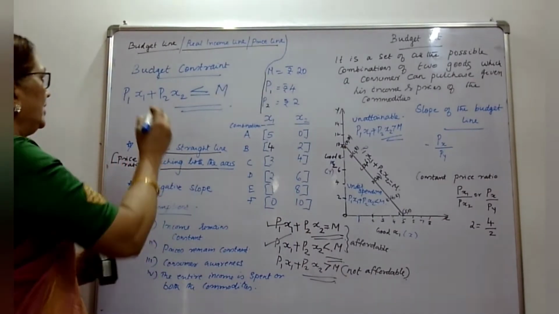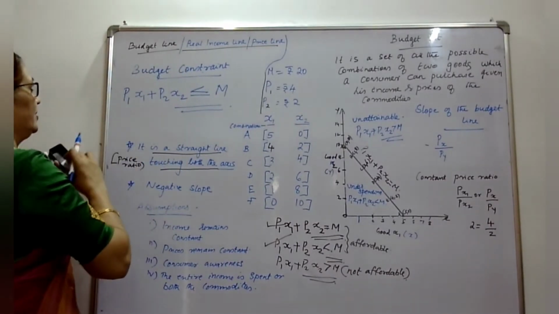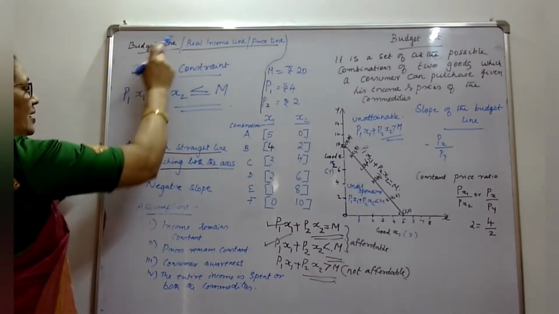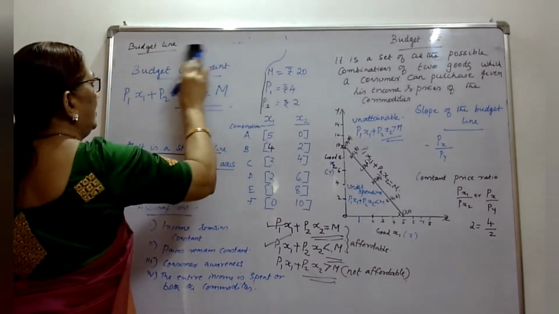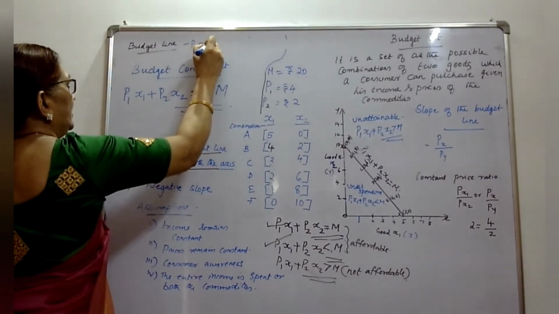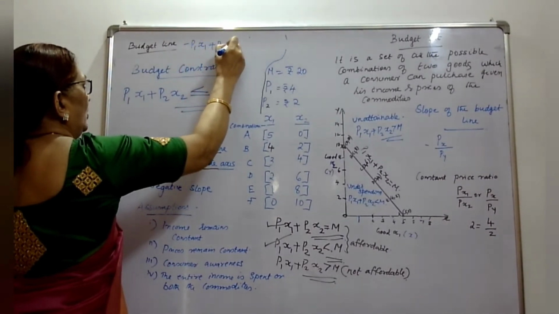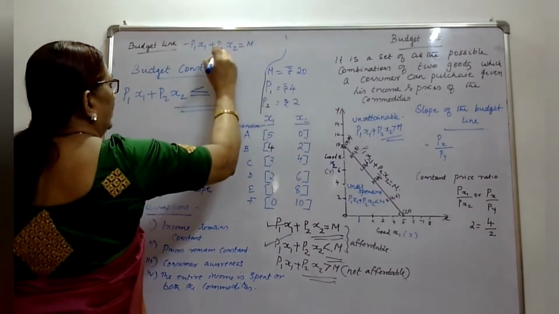Okay, so this is the budget constraint equation. What is the budget line equation? Budget line, or real income or price line equation, P1 x1 plus P2 x2 is equal to M.